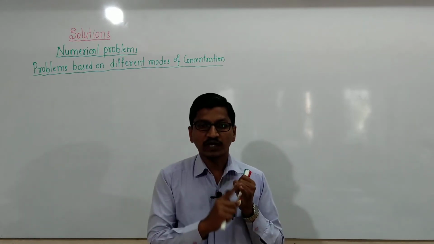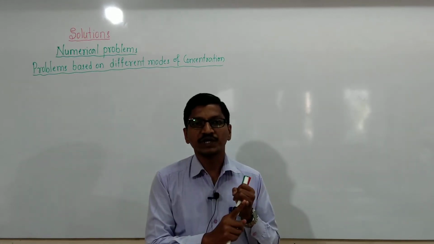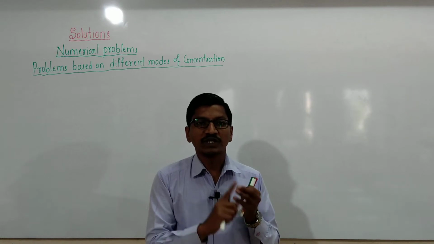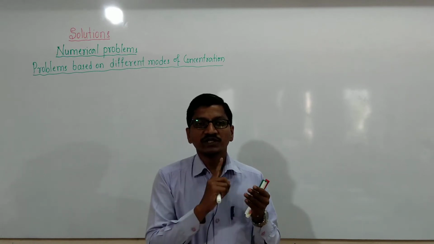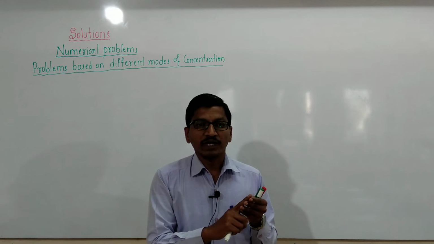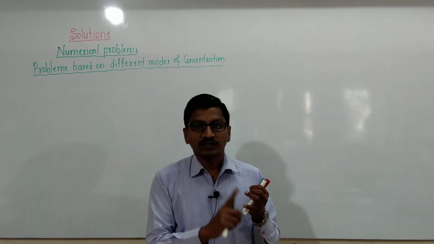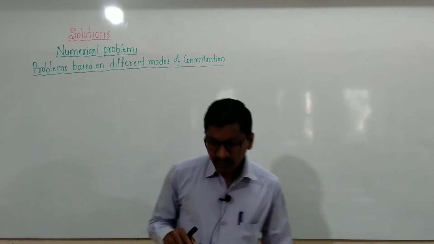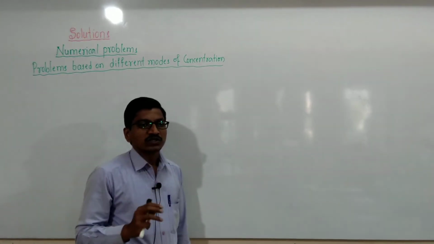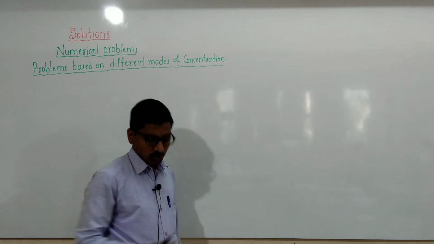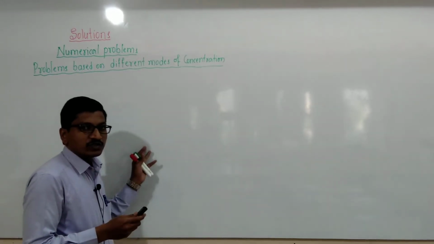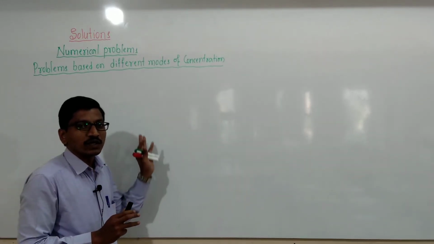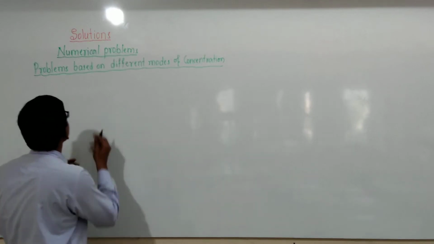First one is mass percentage, second one volume percentage, mass by volume percentage, ppm, parts per million, then mole fraction, molality and normality. These are some of the important concentration terms in the solution topic. And first we will see the formulas in the concentration terms.